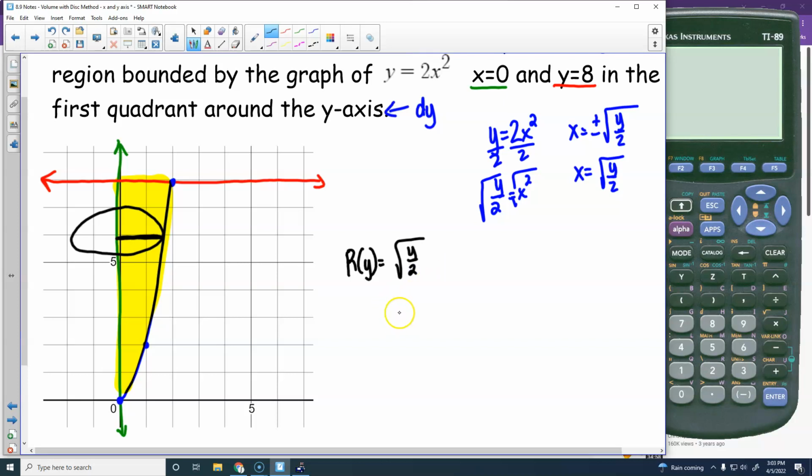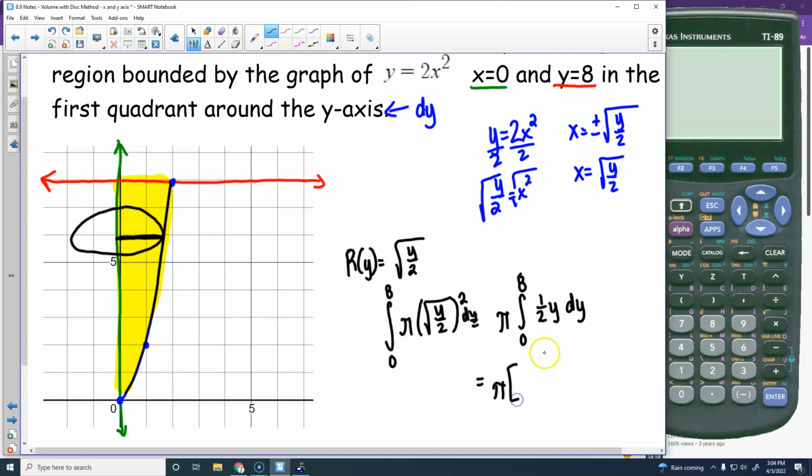So we need to integrate pi times that radius squared. What should our limits on this be? 0 to 8. Very good. We look at the y-axis for those limits. So I'm going to pull the pi out front. And when I square the square root, I just get y over 2, or I'm going to write that as 1/2 times y. I think it makes it easier to integrate.